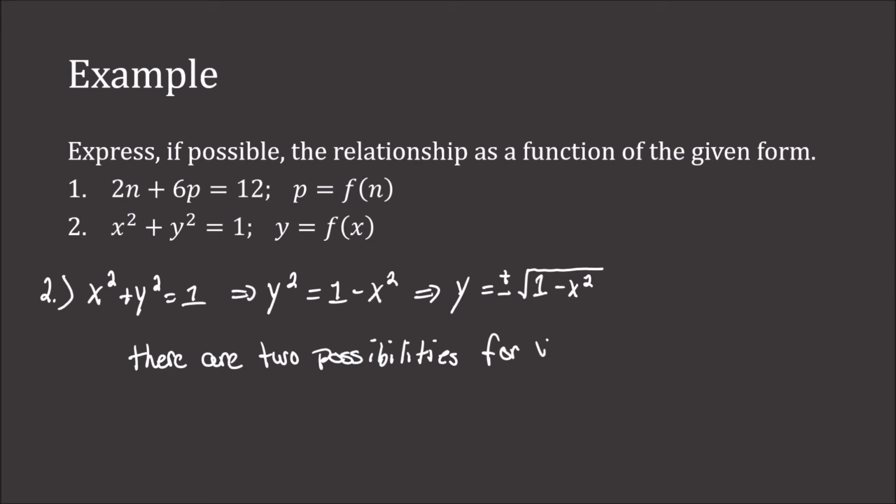For y, we have y is either the square root of 1 minus x squared, or y is negative square root of 1 minus x squared. So what this says is that any input value of x maps to two different outputs of y, which we know is not a function.